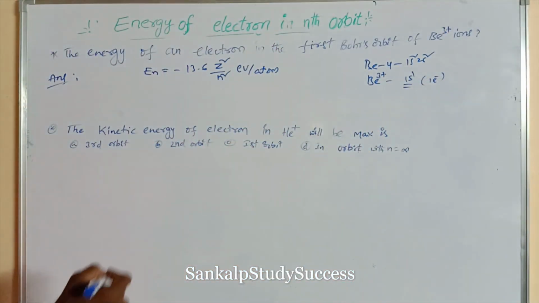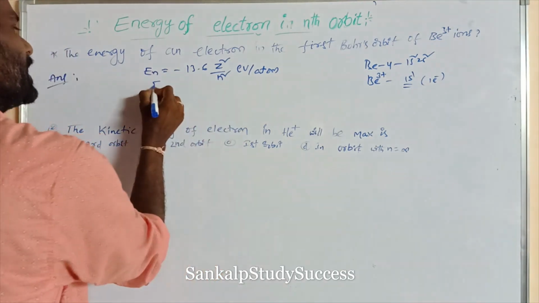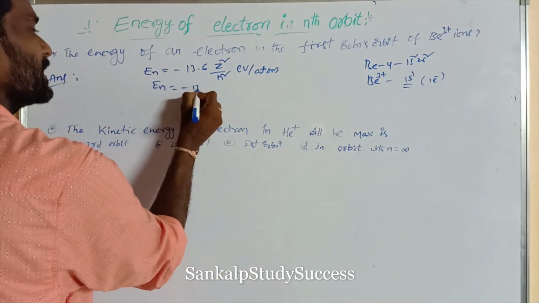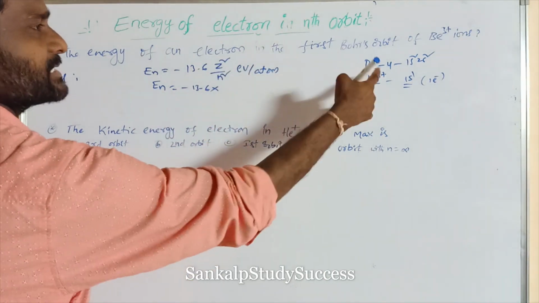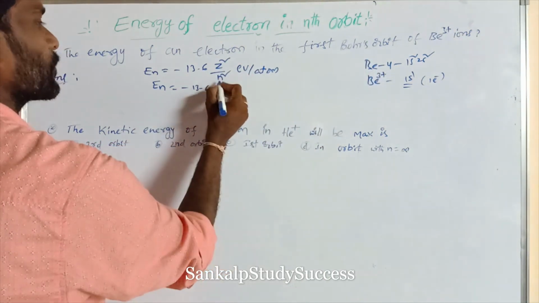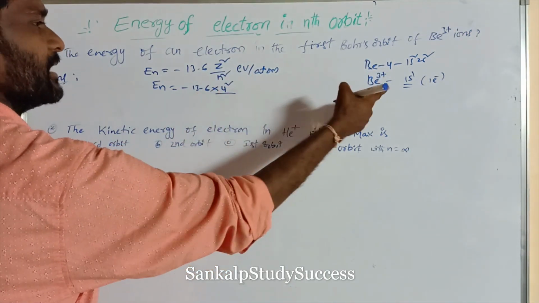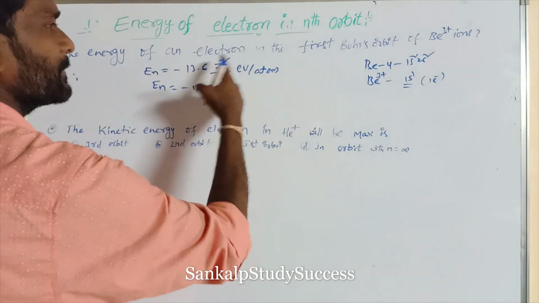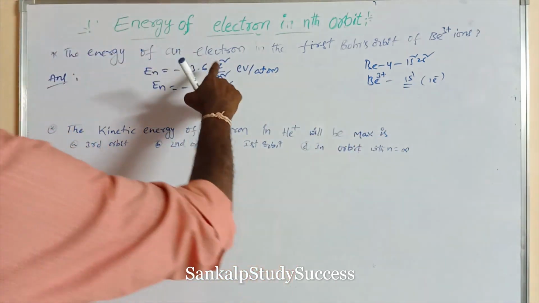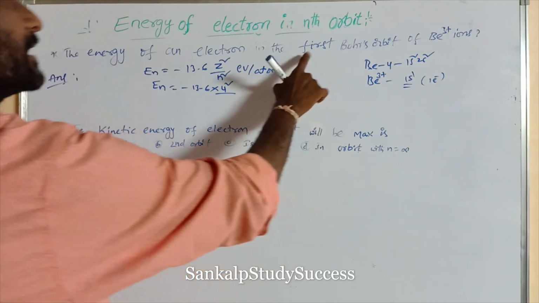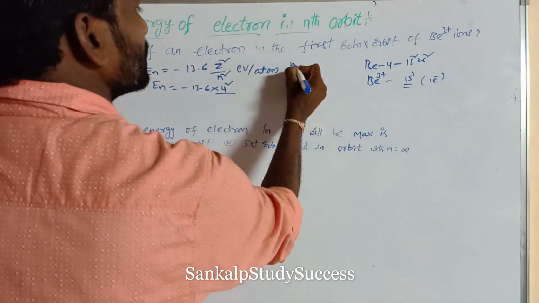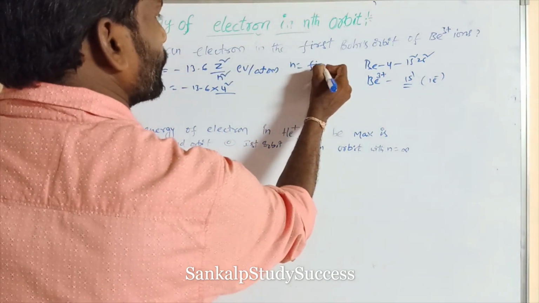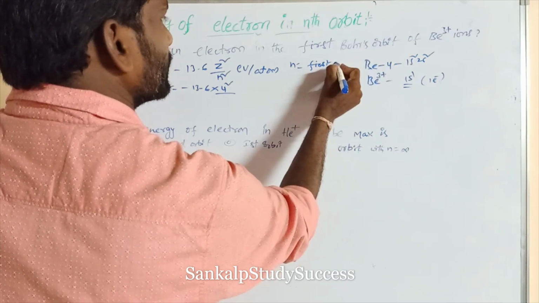Now En is equal to minus 13.6 into Z square, Z is its atomic number, 4 square by N square. Sorry, here N is the orbit, so here N is equal to first Bohr's orbit.